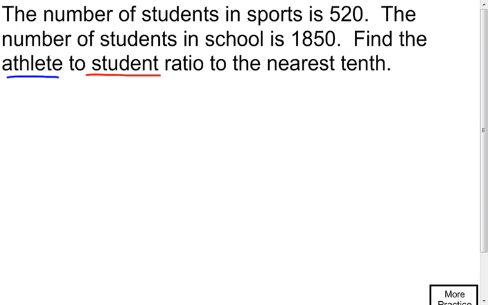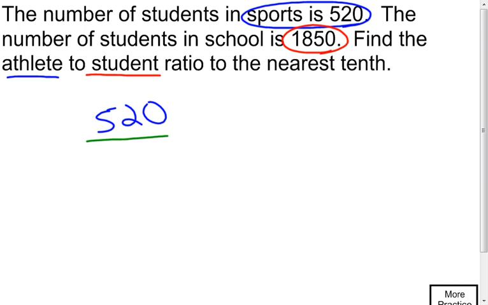Well, I'm going to look at my number of athletes. There are 520 athletes, but we know there are 1,850 in the school. I'm going to write my ratio as a fraction of 520 over my 1,850.